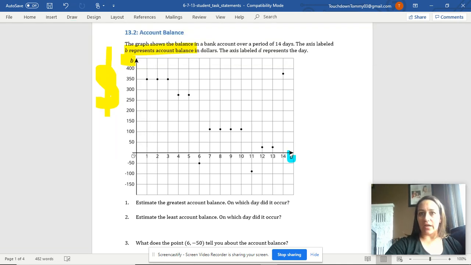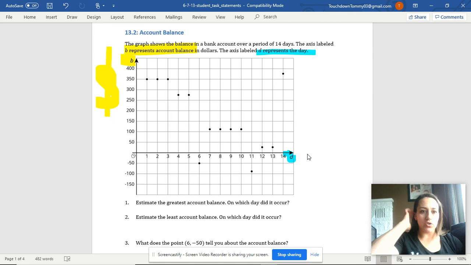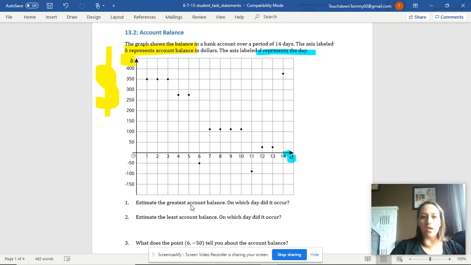So D here is looking at the day. So this is day 1, day 2, day 3, and so on across that horizontal axis here. So recognizing which is which is going to be super helpful when we go to estimate the greatest account balance and then tell on which day it occurred.